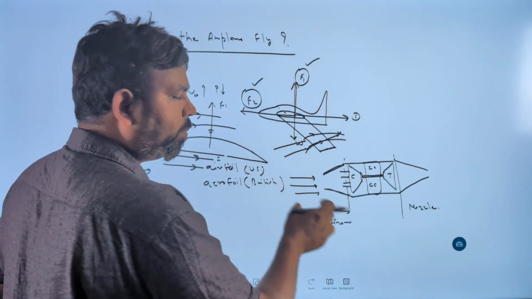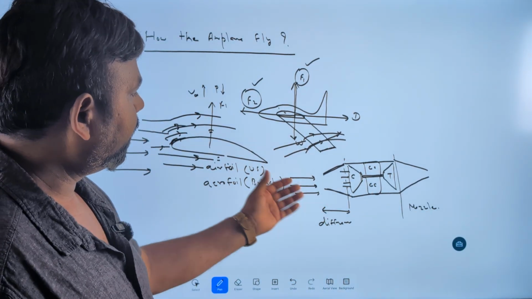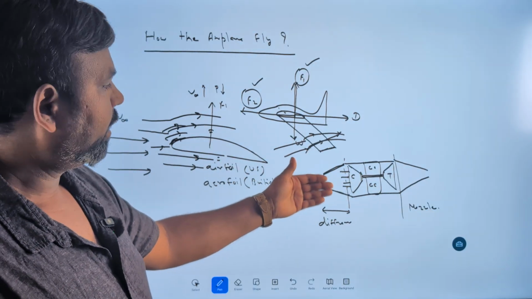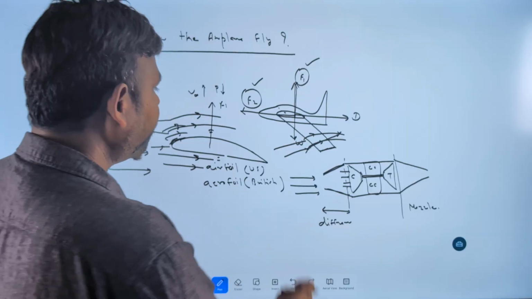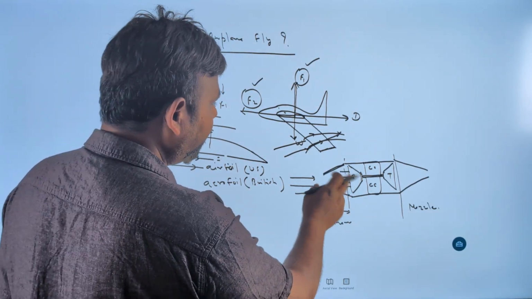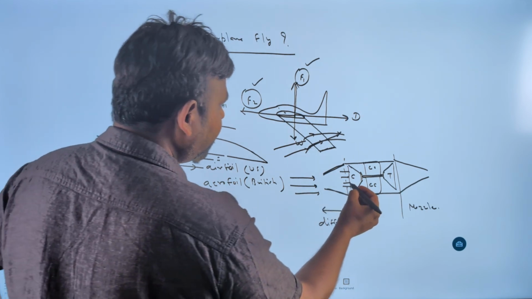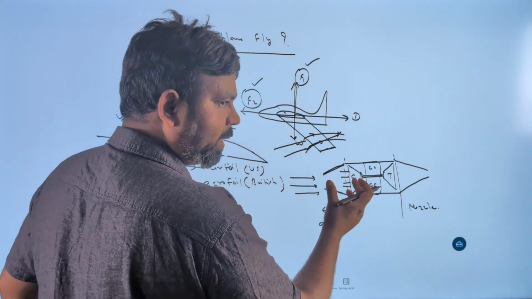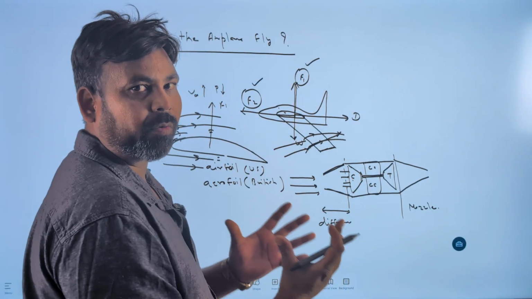If we remove this diffuser, then what will happen? Directly high velocity air will go to the compressor, that can damage the compressor blades. So that's why first we diffuse the air in the diffuser, then we send it into the compressor. The compressor compresses the air and increases the pressure, meaning it increases the density of the air obviously.